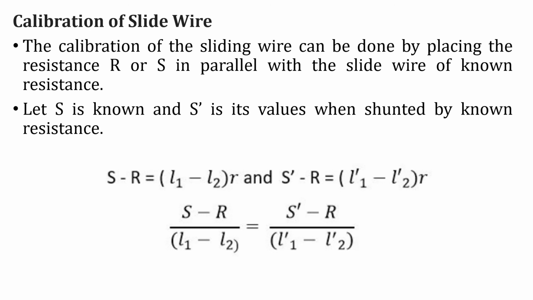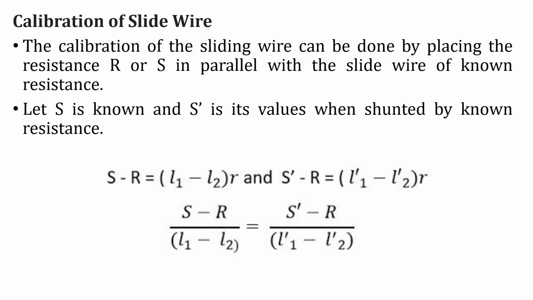Next is the calibration of the slide wire. The calibration of the slide wire can be done by placing the resistance R or S in parallel with the slide wire of known resistance. Let S be the known resistance and S dash its value when shunted by a known resistance.